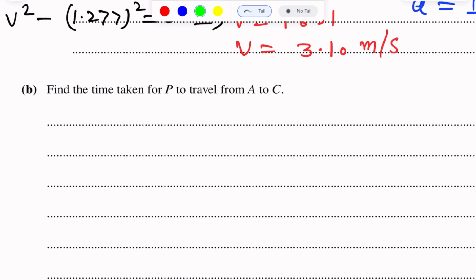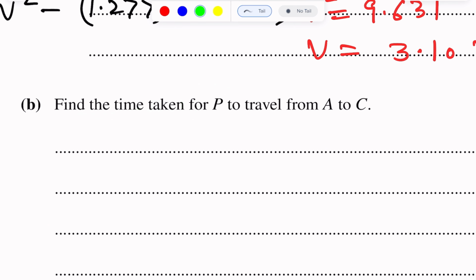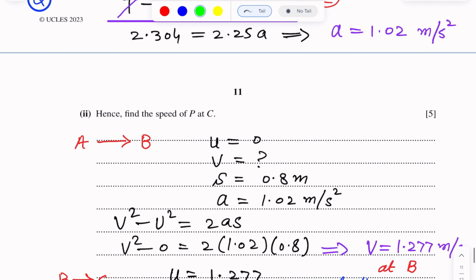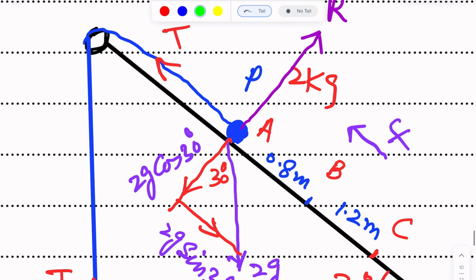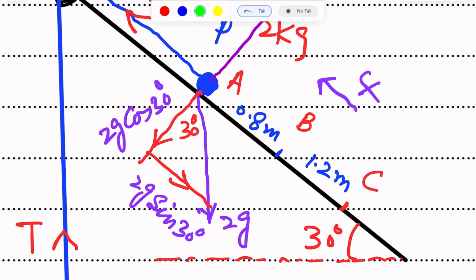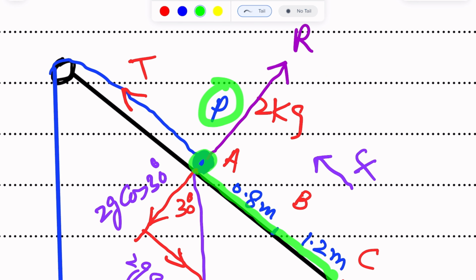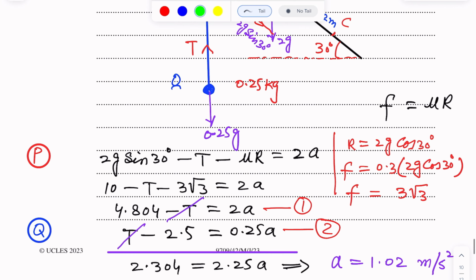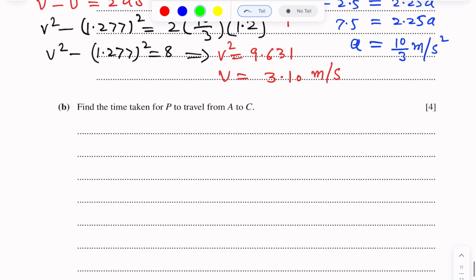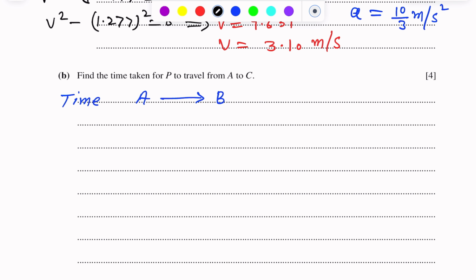Part B of this question is find the time taken for P particle to travel from A to C. Now we have to find the time taken by this particle P from this point A to C. So for this, first we will find the time taken by particle P from A to B. We know that the initial speed of the particle P at point A is 0 because the release is from rest.